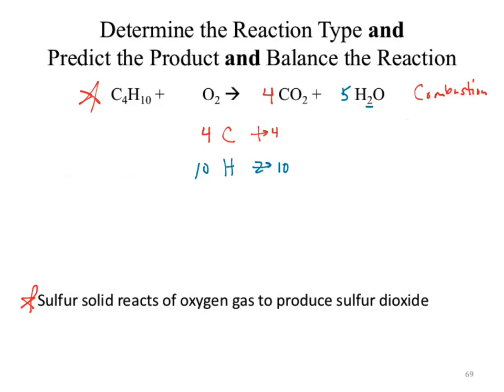So far, so good? I'm gonna assume that was a yes. Oxygen. How many oxygens on the left? Oxygens on the right. Well, there's 4 and 2, so there's 4 sets of CO2 molecules, which means I have 8. But oxygen also shows up in water. How many do I have on the right?